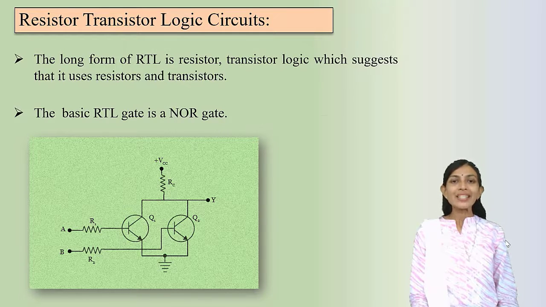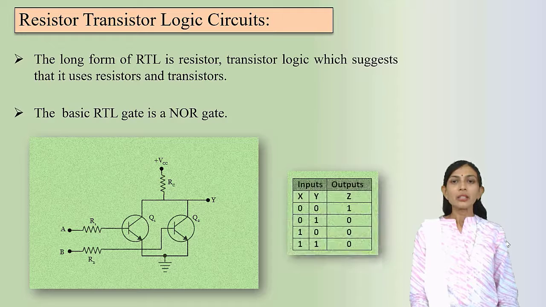We can realize this circuit after applying the inputs A and B digitally, that means 0 or 1. So we have the two inputs A and B and we can apply 0 or 1. That means there are four possible combinations: 0 0, 0 1, 1 0 and 1 1.